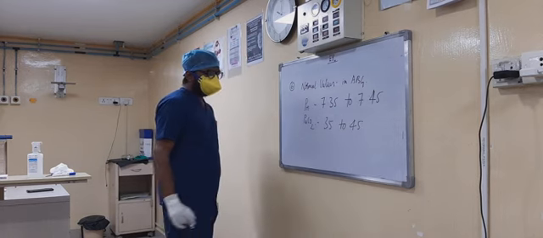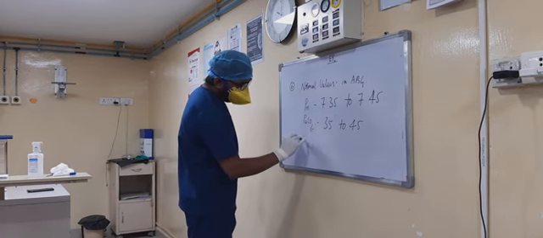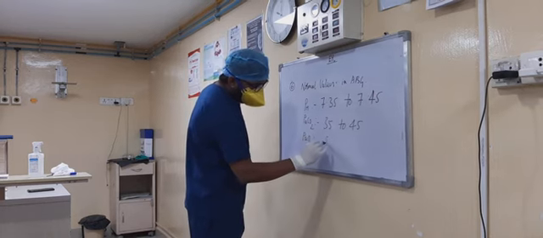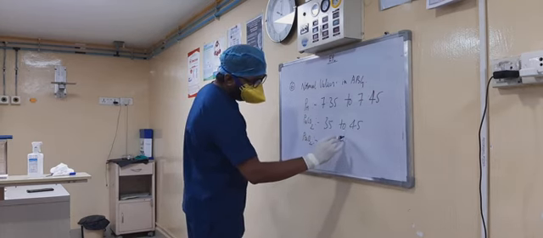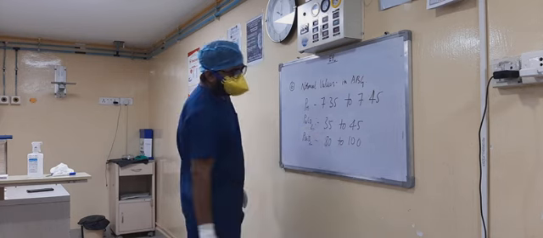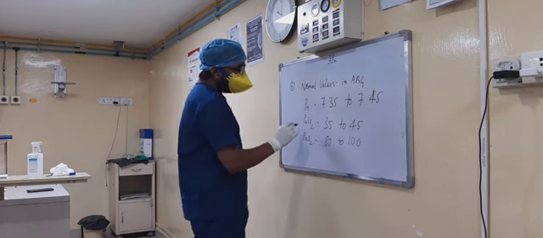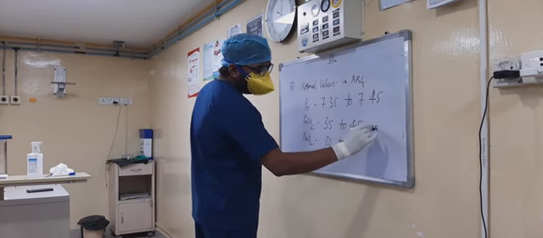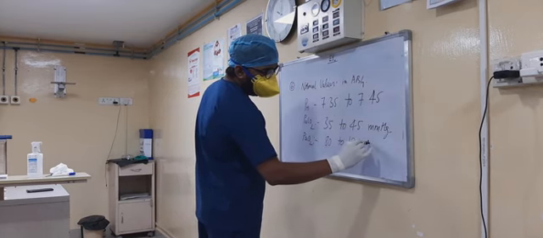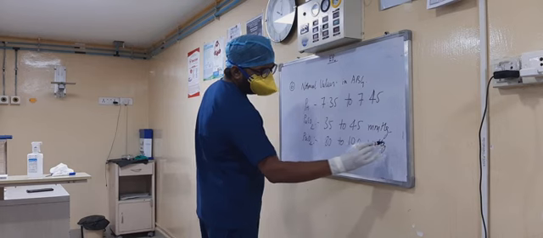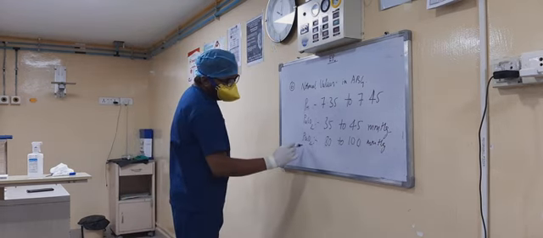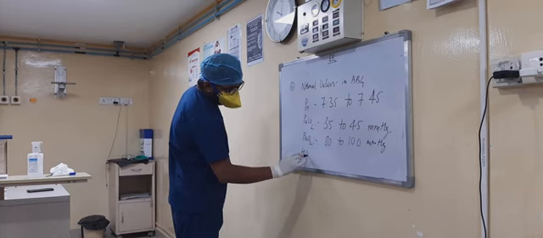Okay, normal PaO2 value 80 to 100. Both of these are gases, so this will be in mmHg. Okay, HCO3.